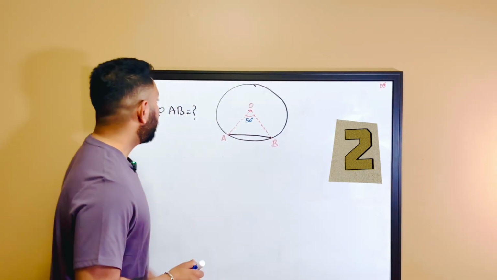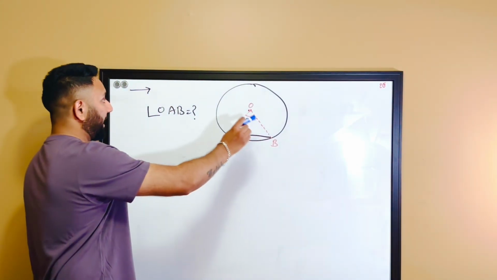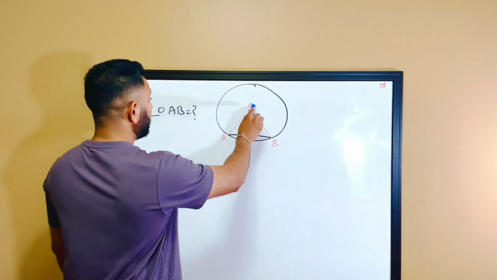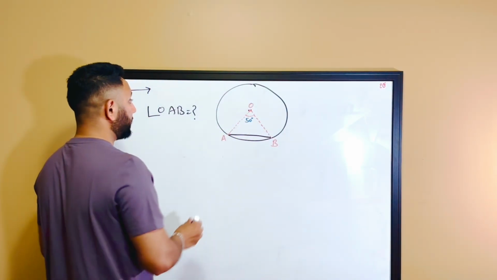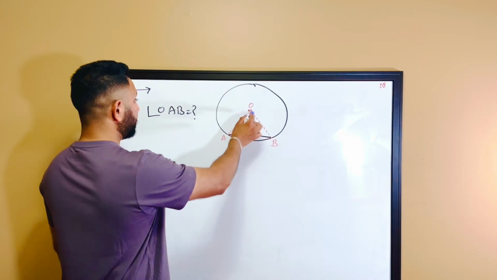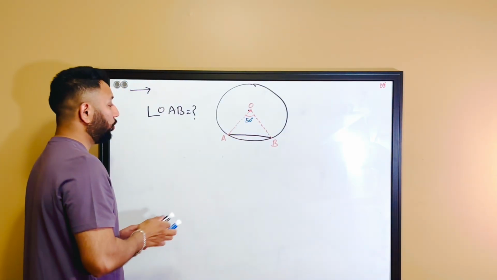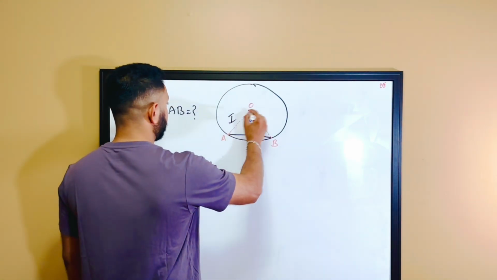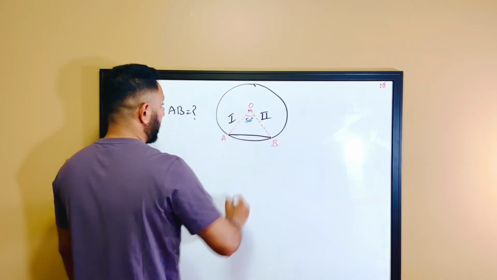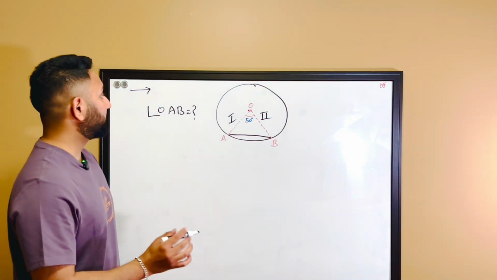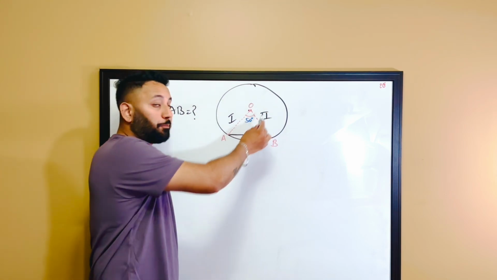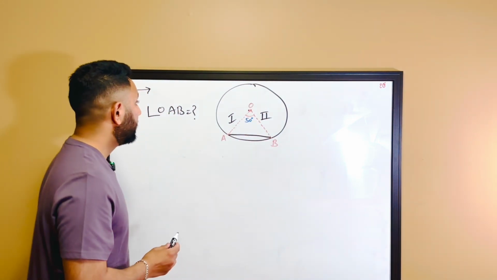So our second example is we are given this circle, and inside the circle this O is the center of the circle, and OA is the first radius and OB is the second radius. As we know, a radius is the distance from center to any point on the edge of the circle.